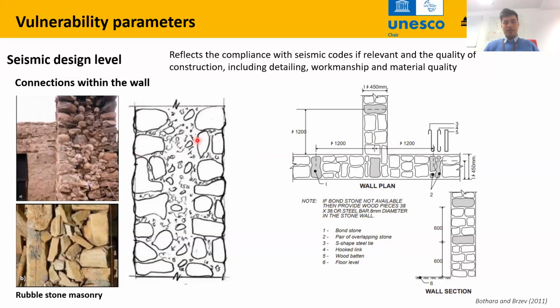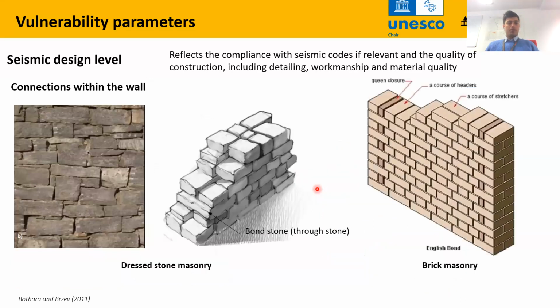And even in these buildings, traditionally, they have used bond stones or through stones that can help bind the different leaves of masonry together. So that was rubble stone masonry. Even in dressed stone masonry, these are traditional practices, for example using bond stones or through stones, binding the 2 leaves together.